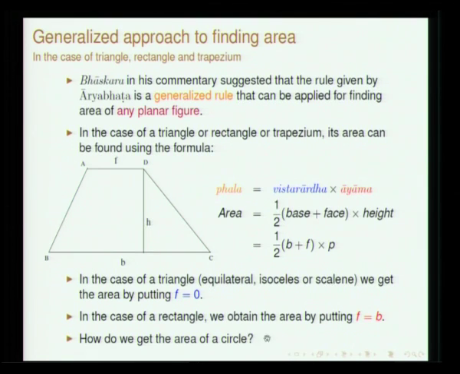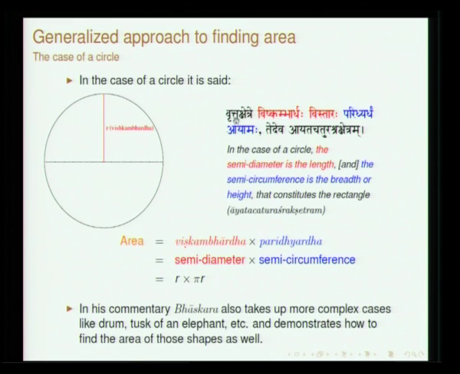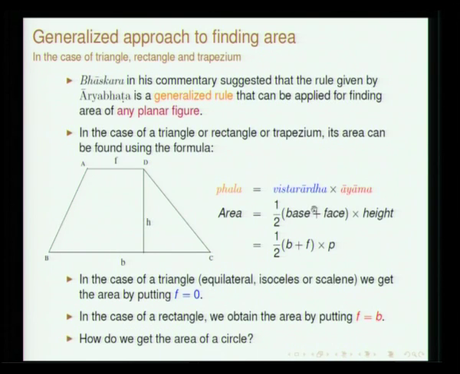And how do we go about it for a circle? He says vrittakshetre vishkambharthaha vistaraha paridhyardham ayamaha. The ayama is the distance of separation between the faces. In the case of a circle, what you have to conceive of is that vishkambhartha is to be taken as vistarartha.